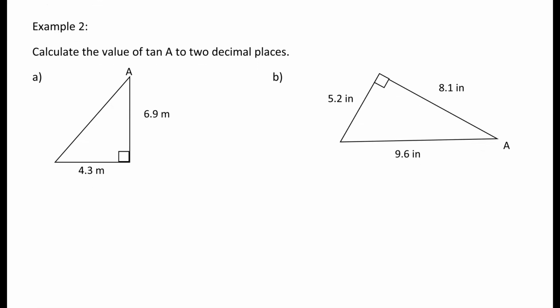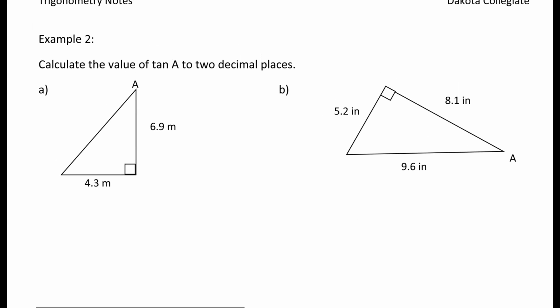Now in example 2 here, it says to calculate the value of tan A to 2 decimal places. So important, we're going to 2 decimal places and we're using the angle A here. So going by that setup of the tan ratio, or tangent ratio, we have tan theta equals opposite over adjacent.